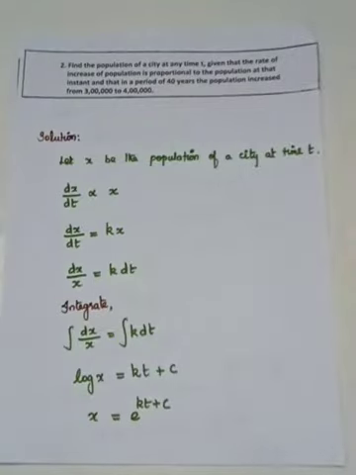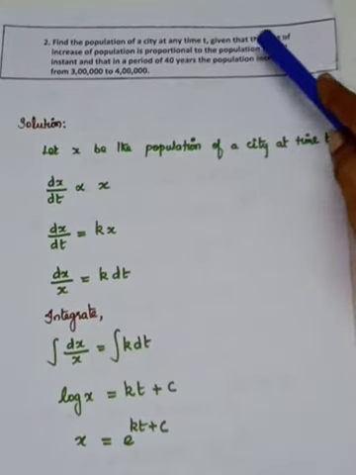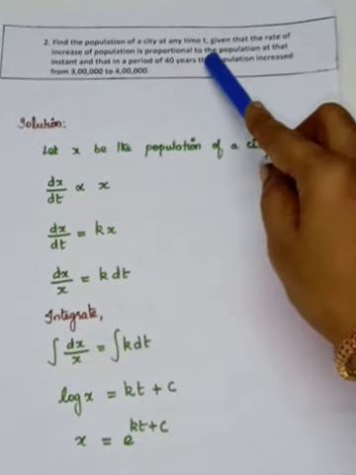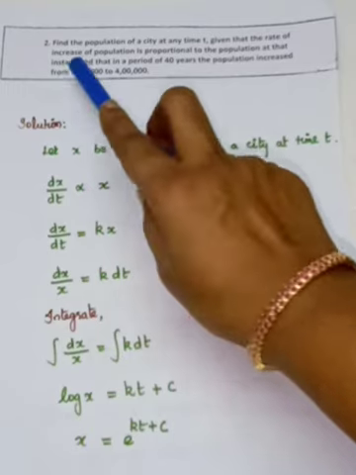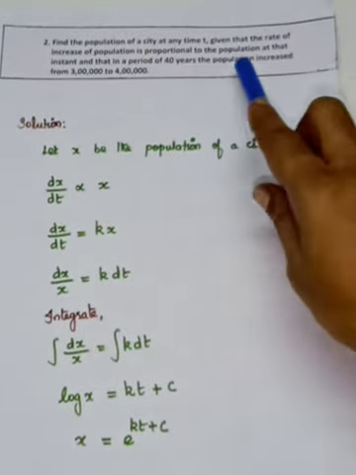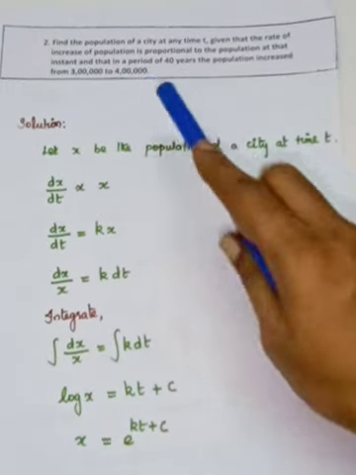Coming to the second problem: find the population of a city at any time t, given that the rate of increase of population is proportional to the population at that instant, and that in a period of 40 years, the population increased from 3 lakhs to 4 lakhs.